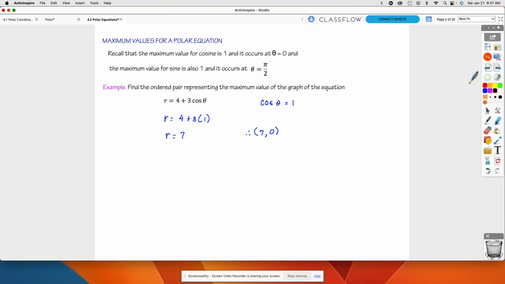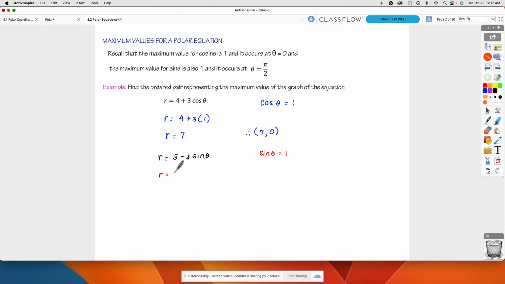Now, let's have another example. r is equal to, say, 5 minus 3 sine theta. So it's the same thing. The maximum value for sine theta is equal to 1 as well. So we're plugging in 1 for sine theta.